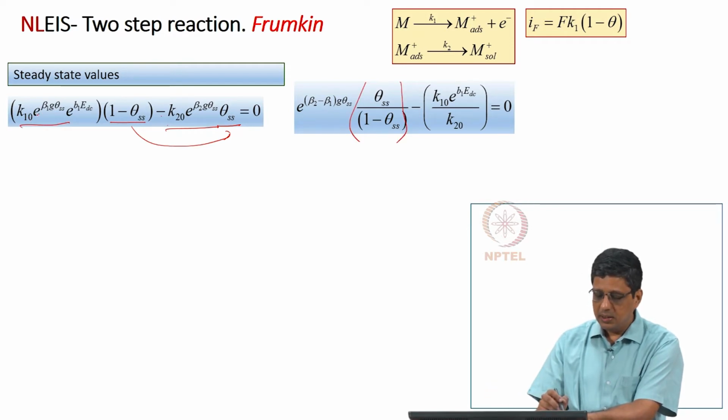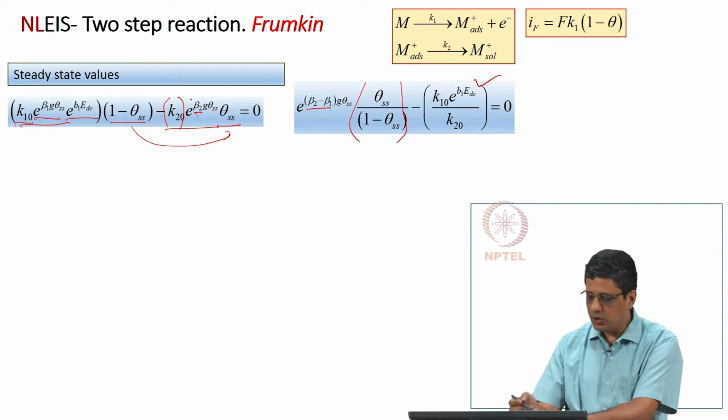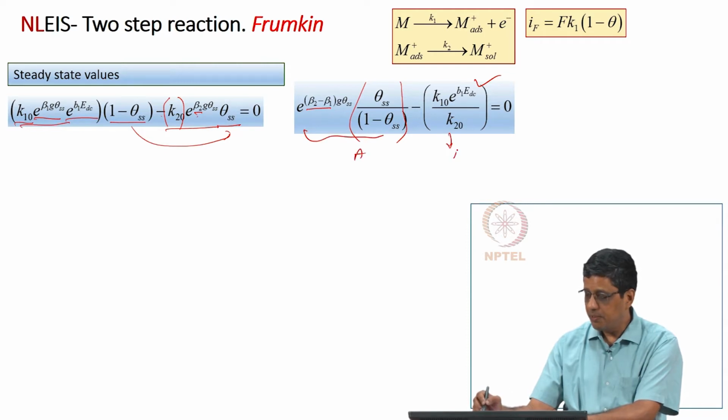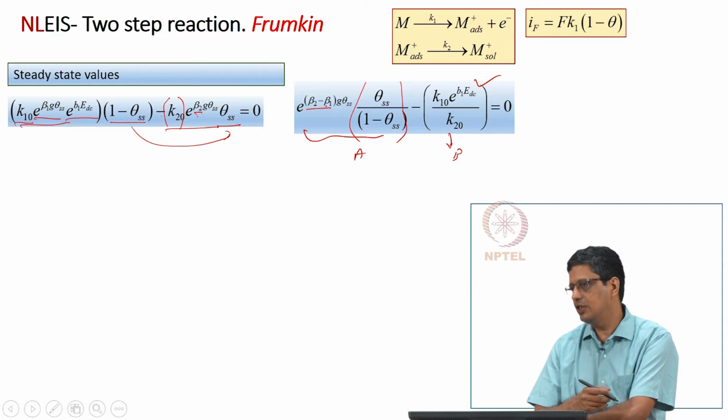Then divide by exponential beta 1 g theta SS, you would get exponential of beta 2 minus beta 1. What is left is k1 0 exponential b1 EDC, that is one part. On the right side you would have k2 0, bring it to the denominator. So, you would have one expression A, another expression B, A minus B is set to 0.